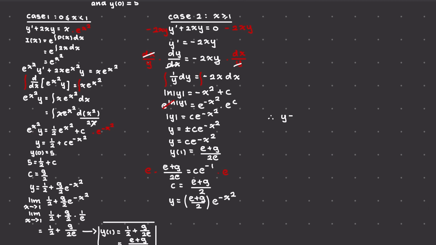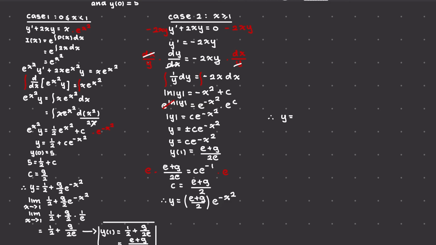y equals, since we have two intervals and we found two solutions for those two intervals where they are continuous, the first one will be this. For the first interval will be this one, and the second interval will be this one.